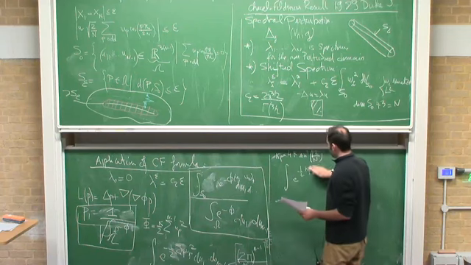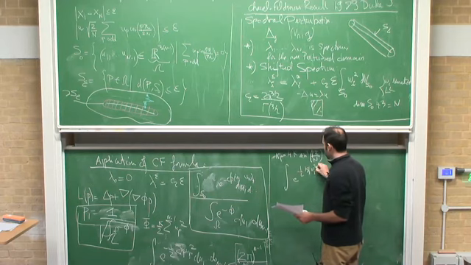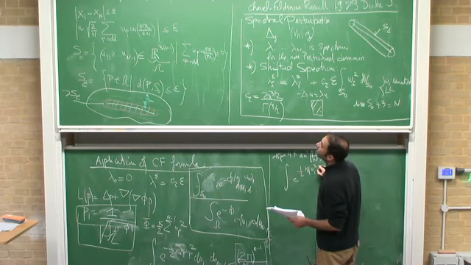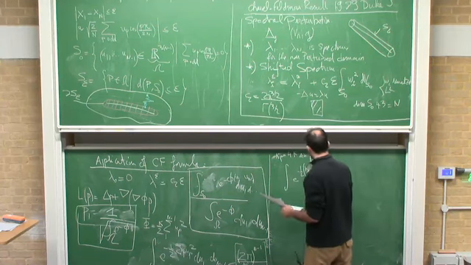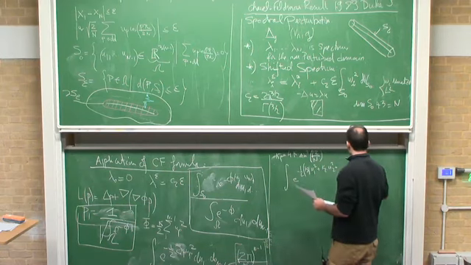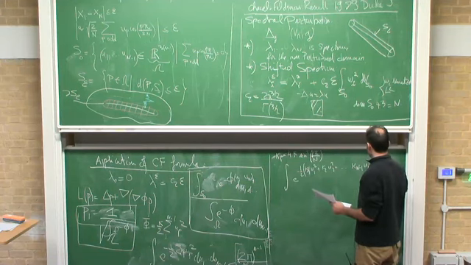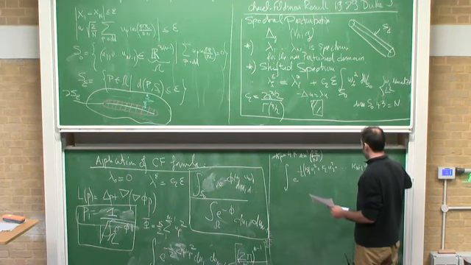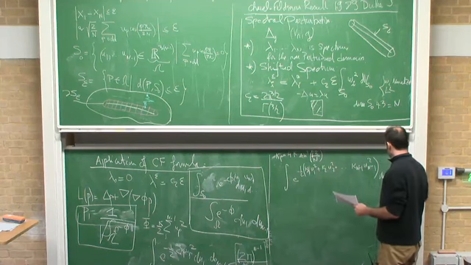But let's write each term so we can see what happened. It's kappa 1 u1 squared, plus kappa 2 u2 squared, plus kappa n minus 1 un minus 1 squared, du1, du2, and let me write it this way.